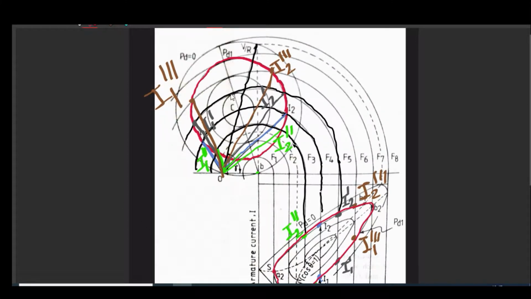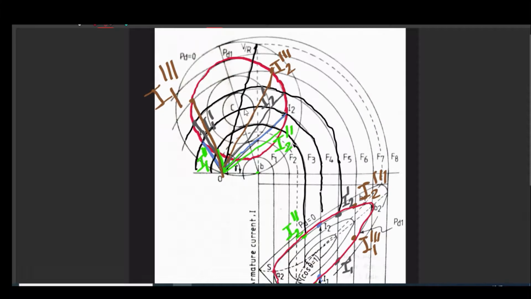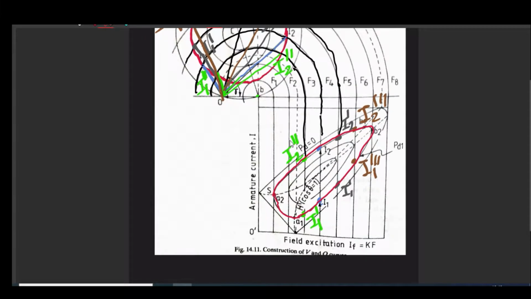For each of these, they are concentric circles. For each of these concentric circles, you will get different power. For a circle like this that is interior to the previous one, you will get an ellipse kind of shape that is interior to the previously drawn red curve. You will get a family of this kind of curves.